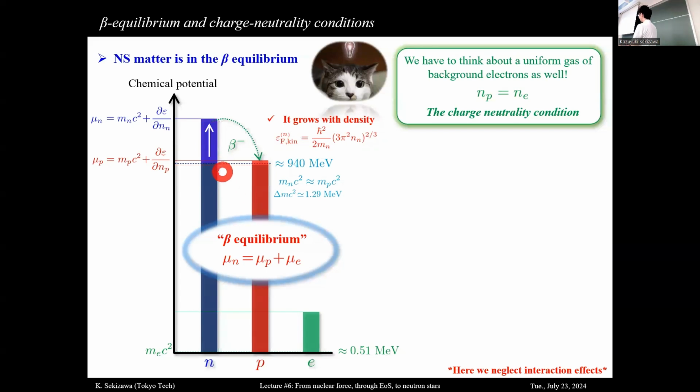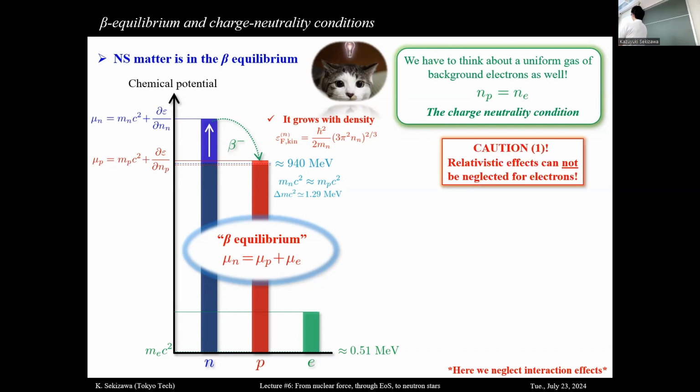This is the equilibrium condition, together with the charge neutrality condition. In this way, we can predict the composition, or the ratio of the numbers of neutrons, protons, and electrons, inside the outer core, the uniform nuclear matter. But this is not the end of the story.